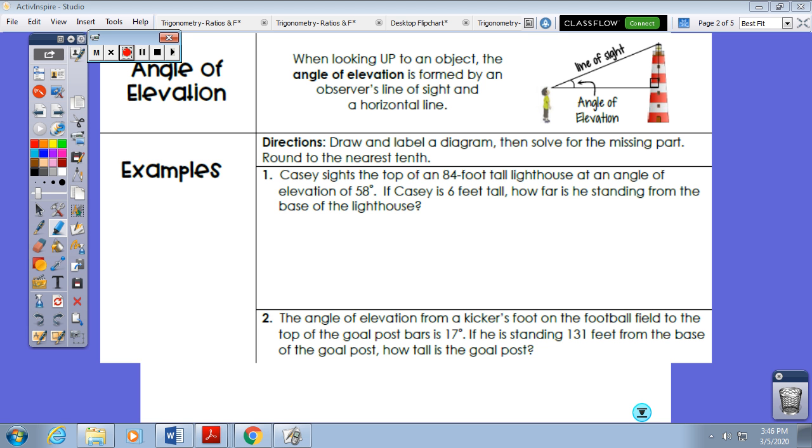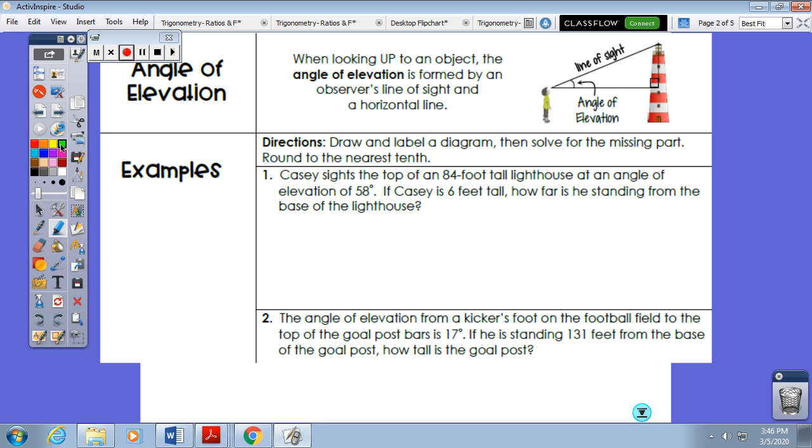Draw and label a diagram, then solve for the missing part, rounding to the nearest 10th. The first problem: Casey sights the top of an 84-foot tall lighthouse at an angle of elevation of 58 degrees. If Casey is 6 feet tall, how far is he standing from the base of the lighthouse?